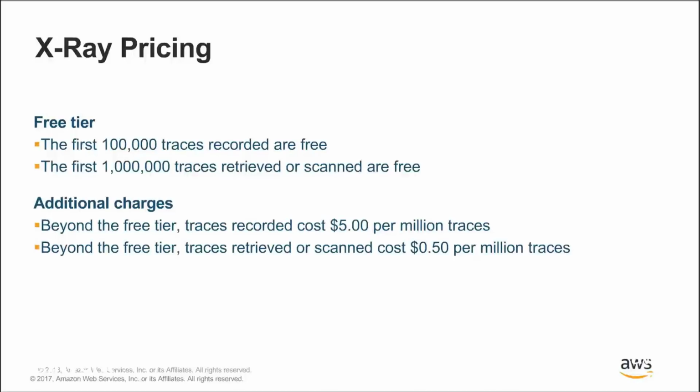Now, these are trace records. If somebody else is recording the traces for you, if somebody else's account is in there, then the first million traces retrieved or scanned are free. So there is a free tier which easily allows you to get started. And even beyond the free tier, the traces are really not that expensive. They're recorded at $5 per million traces.